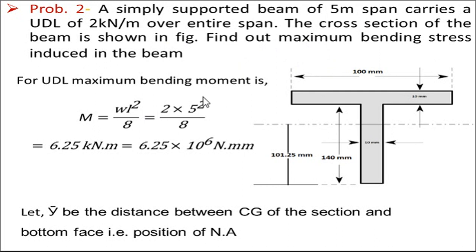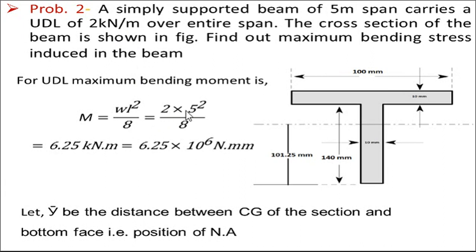As the UDL is given, we can find the maximum bending moment induced in the beam. For a simply supported beam with a UDL, we know the maximum bending moment formula is M is equal to WL square by 8. W is the intensity of the UDL, that is 2 kN per meter.